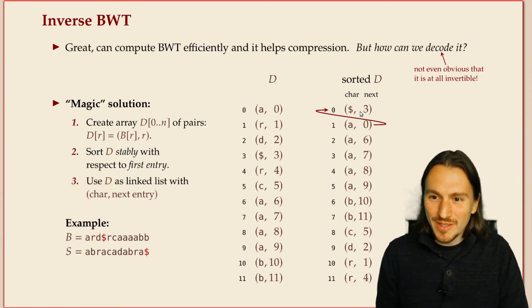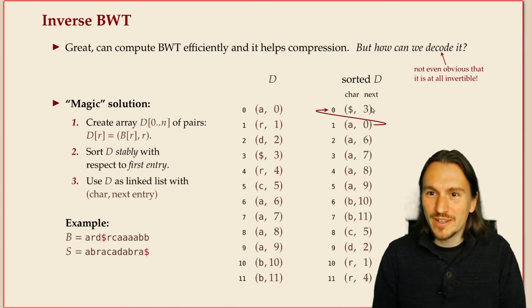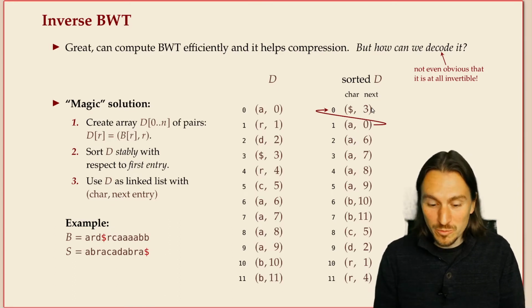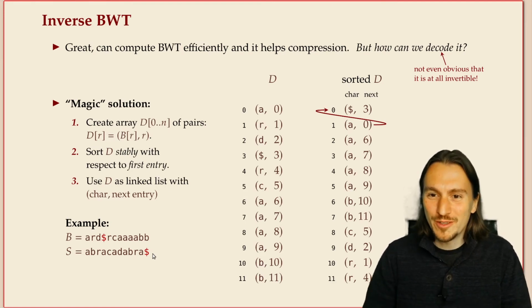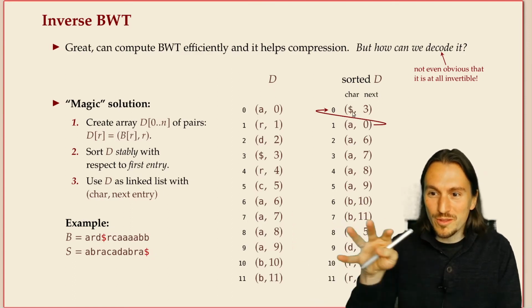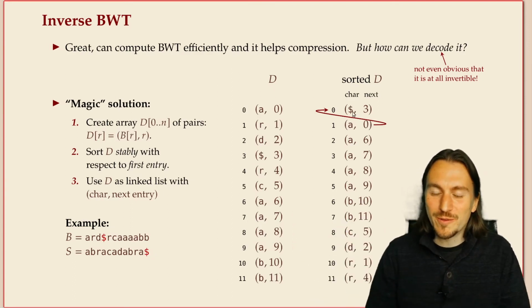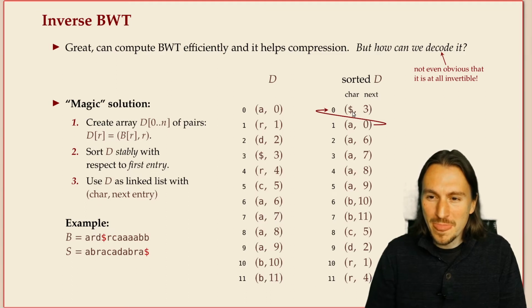At some point, we enter the first pair again, which means we output the dollar now. And that also means we know we're finished. As soon as we reach index 0 again, we're done. And the definition of the BWT guarantees that we will always walk through this list and at the end return back to the first entry.